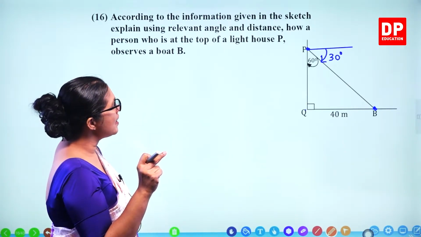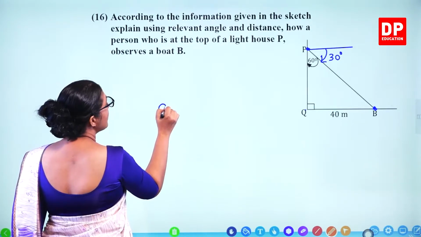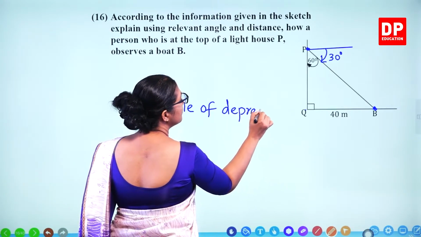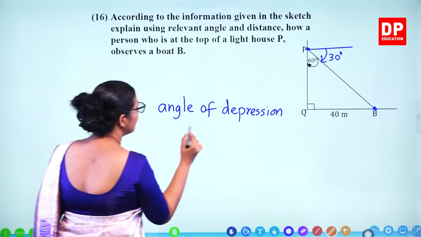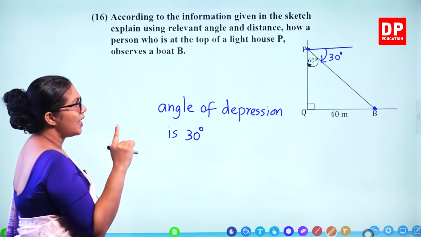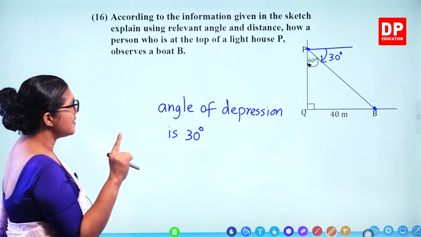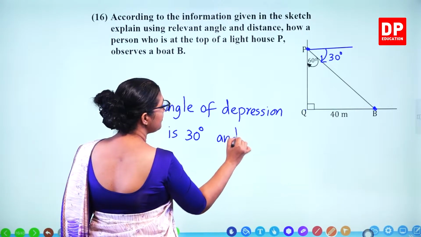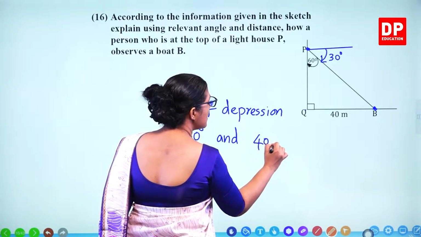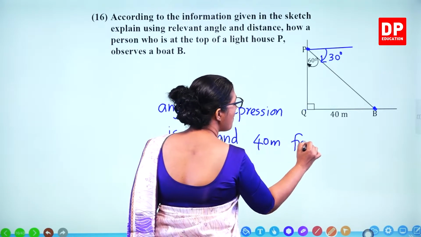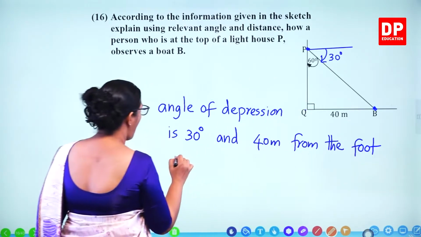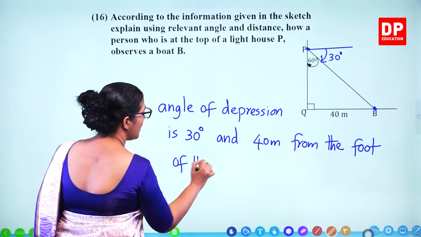So we can write angle of depression is 30 degrees and 40 meters from the foot of the lighthouse.